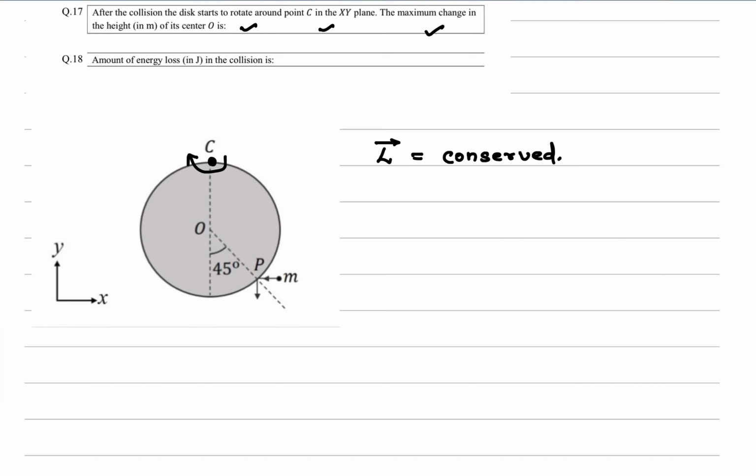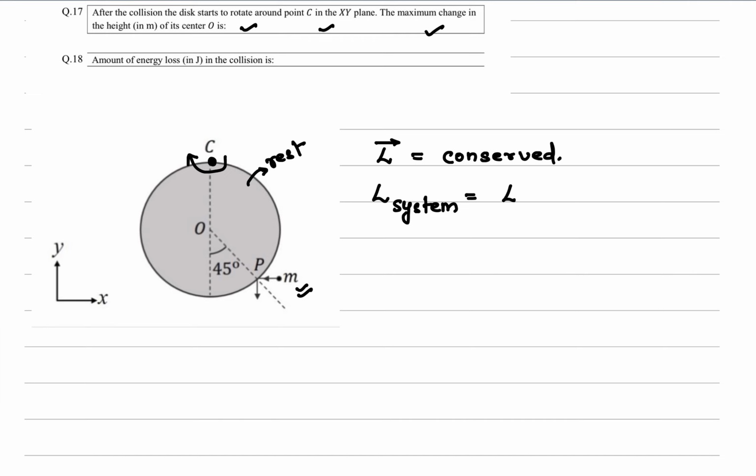Now, initially the disk is at rest, so it does not have any angular momentum. But the particle is of course moving with some velocity v. What constitutes the system?